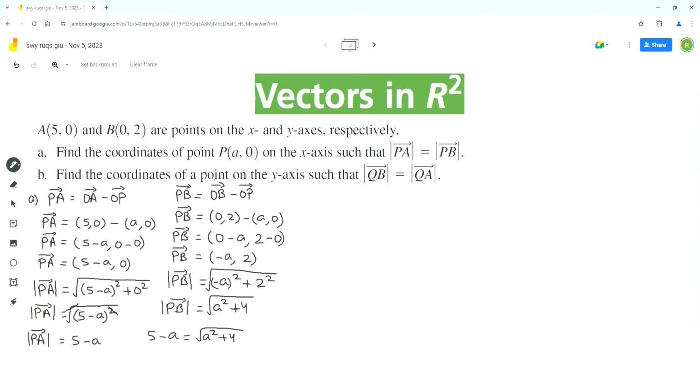This is the equation we have to solve to find the value of a, and then we will know the coordinates of point P. So we should square both sides to get rid of the square root on the right side. On the right side, the square root and the square will cancel each other out.